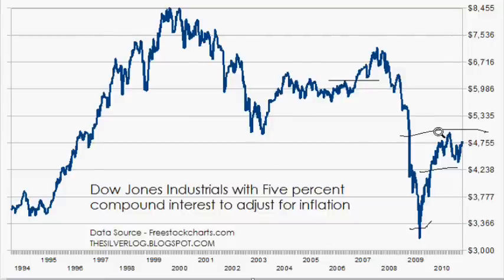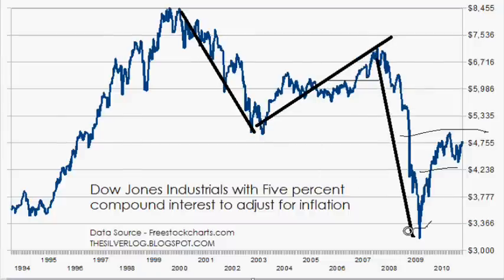Therefore, when we see how it's been making this pattern where it goes down, then up, then down, then up, I wonder what the next part of this pattern is going to be.